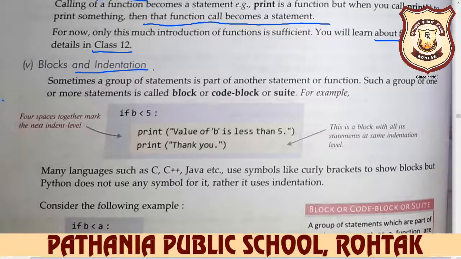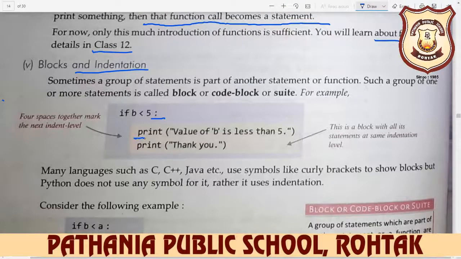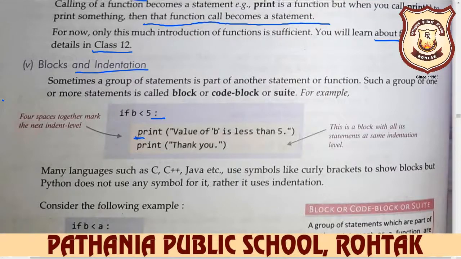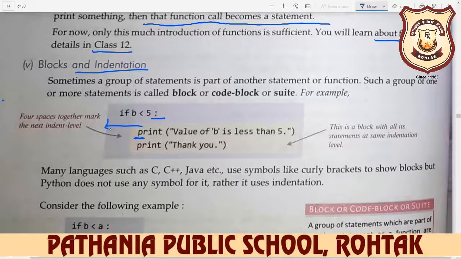Indenting means we write, for example, if b less than 5 colon, so you require a colon, and after that you press enter, your cursor blinks here, and you start writing from here. You don't press the backspace key and start writing from the start of the line. So always write your text where your cursor has moved.